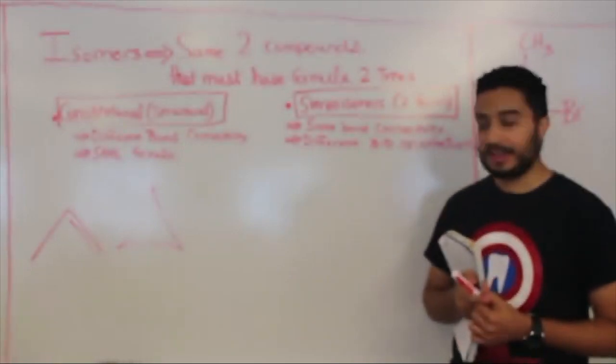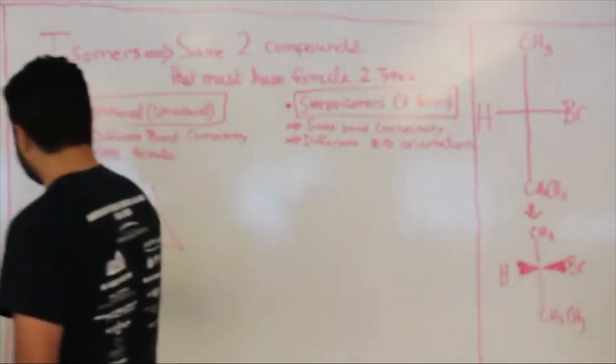Also, you can look at another example like this. I'm going to erase this and put it back. So how many carbons are in both of these? Yeah, there's 3, right?